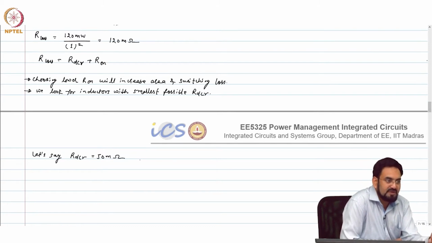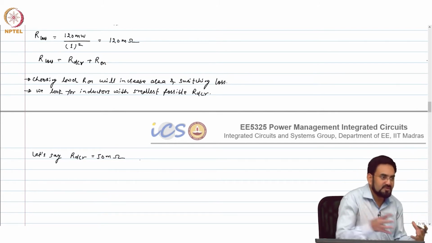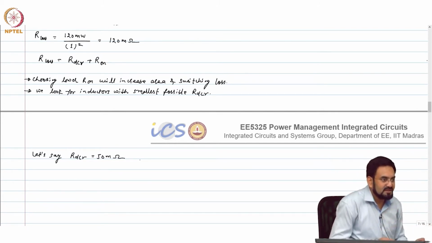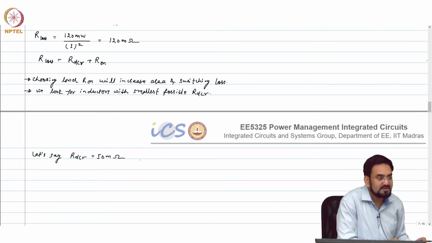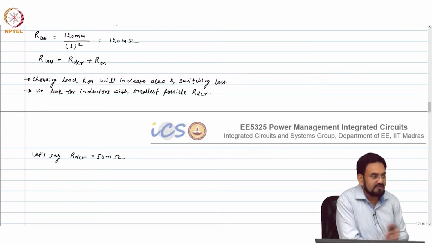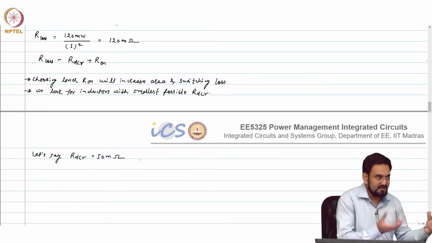If at 1 microhenry you can find 50 milliohm and you are using half of that, the number of turns will also go half. So, your coil resistance has to reduce. So, the lower the inductor value is, smaller the resistance will be, if you are using obviously same material and if everything remains same.